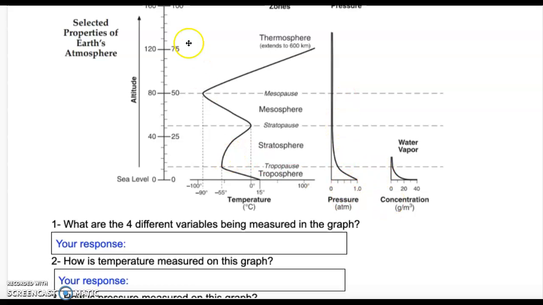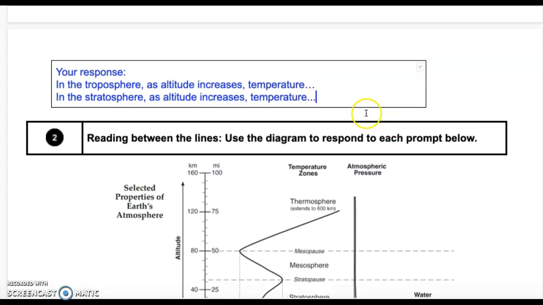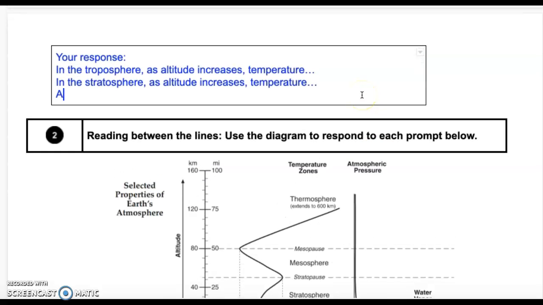So as altitude increases, what happens to pressure? As altitude increases, what happens to concentration? All right, so you can go ahead and finish your responses there. I'll give you a sentence starter.